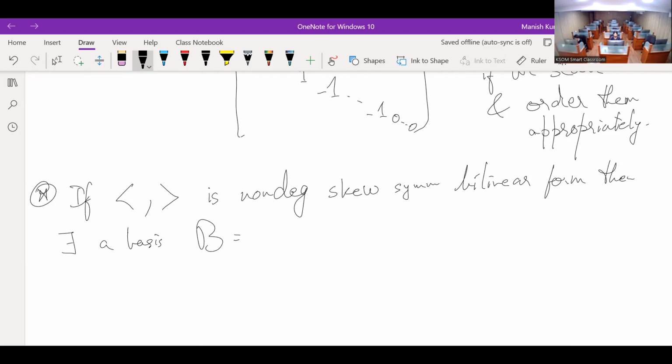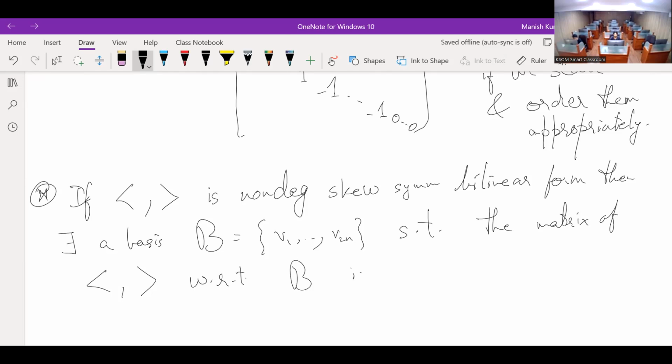As soon as you assume non-degenerate, there is a basis V1 to V2n such that the matrix of this pairing with respect to B looks like 0, 0, and I think this is what it looks like.